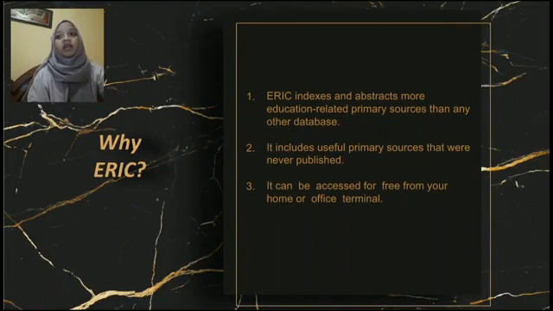Indexing and abstracting databases. What is ERIC? Index and abstract services are vital for locating primary sources in your field. These publications subscribe to professional journals in a given discipline. Their staff then identifies the key terms for each article, indexes them, and typically provides an abstract for each article.